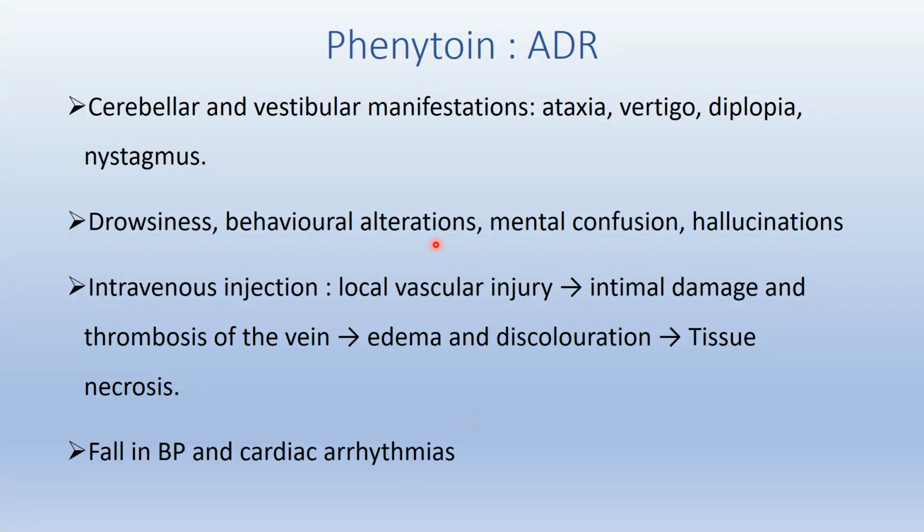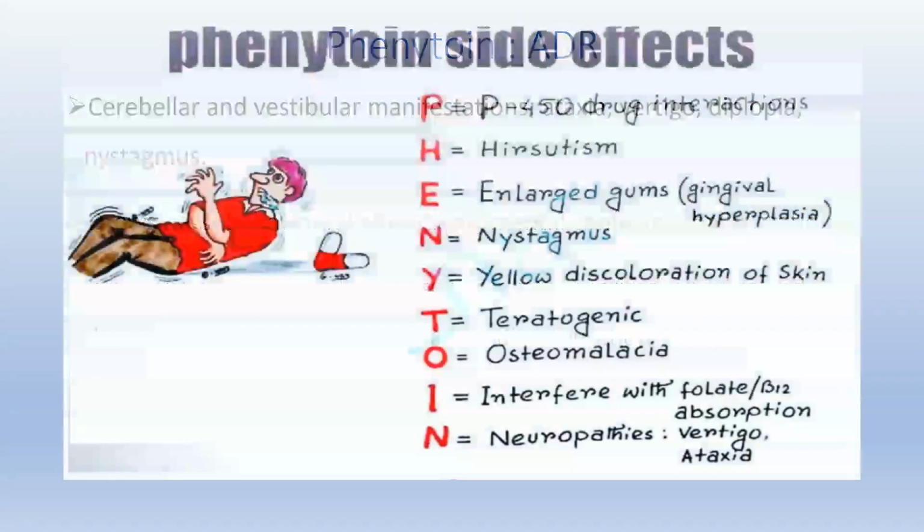Acute symptoms primarily include ataxia, vertigo, diplopia, nystagmus, drowsiness, mental confusion, hallucinations. Phenytoin is never given intravenously, mainly because it causes severe thrombophlebitis and may initiate an anaphylactic response, which usually presents with fallen BP, that is hypotension.